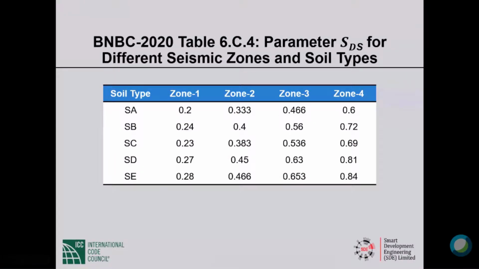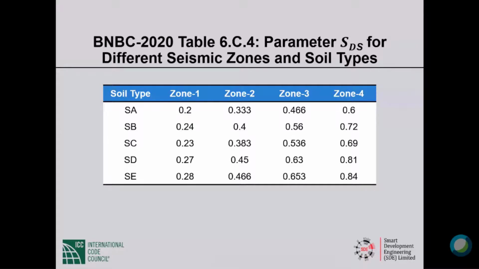Anyway, Appendix C also directly gives you the values of S sub DS and S sub D1. This table is S sub DS. This would be 2/3 of S sub S times the F sub a.